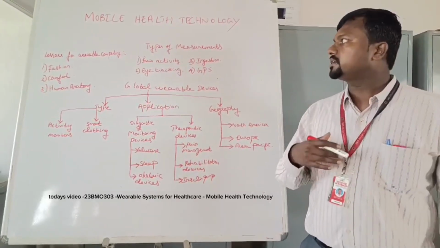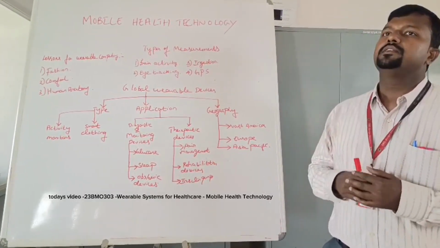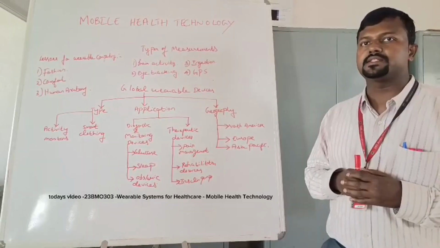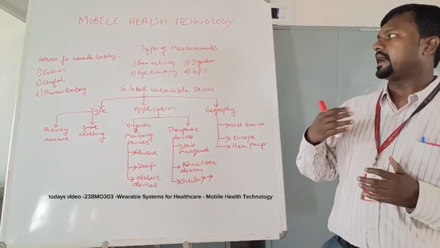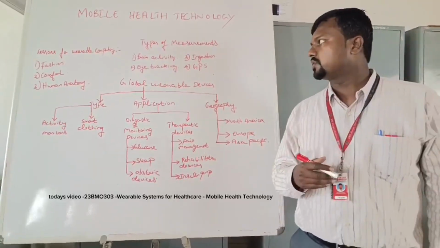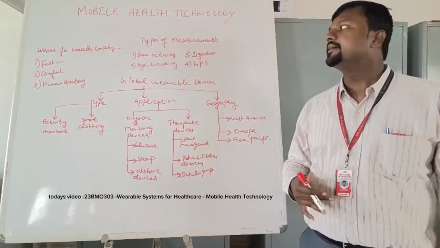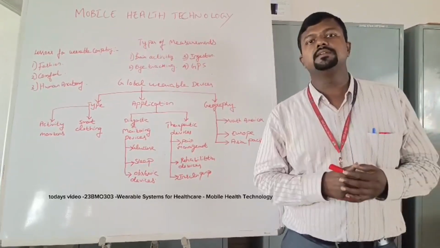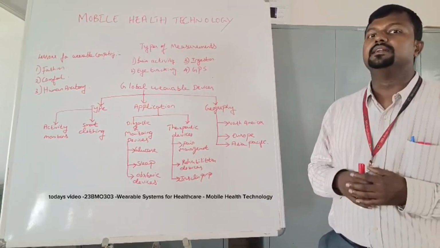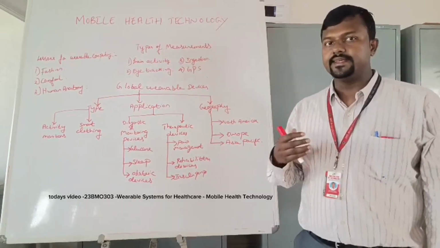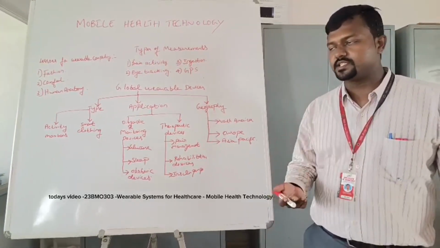So generally, what are the types of measurements? Generally, people in the homes or in the hospitals, what are the parameters they will monitor? Nothing but ingestion systems, the swallowing of a capsule, the GPS, the location systems, the brain activity, the sleep disorder, the eye tracking movements, the blood pressure level, the glucose level, the functioning of the kidney, the functioning of the eye, the ECG signals, the EEG signals.